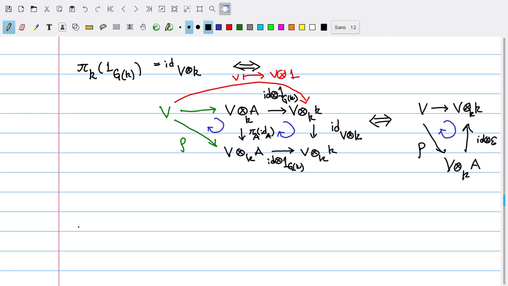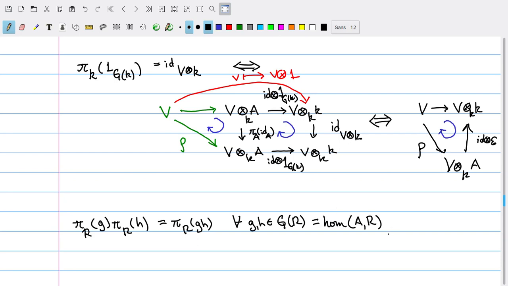Next, for pi to be a representation, we have to have that pi sub R of g times pi sub R of h is pi sub R of gh for all g, h in G of R. Remember that the group multiplication map on G of R is induced by the co-multiplication map on A. In particular, the product of g and h is exactly the composition of the three corresponding maps.